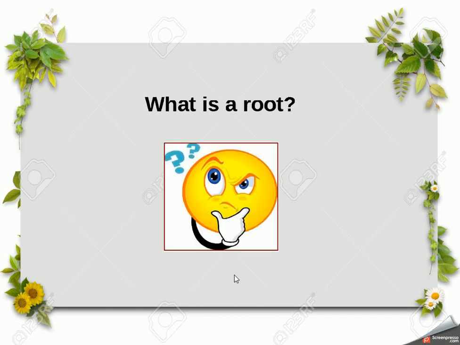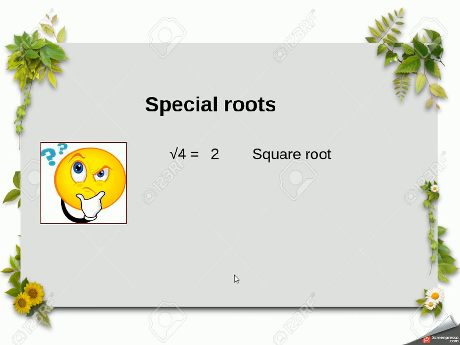So what's a root? Well, a root is the opposite of squaring. So it's finding a number that, when multiplied by itself, gives the number you are calculating from. So for instance, the square root of 9 is 3, because 3 times 3 is 9.